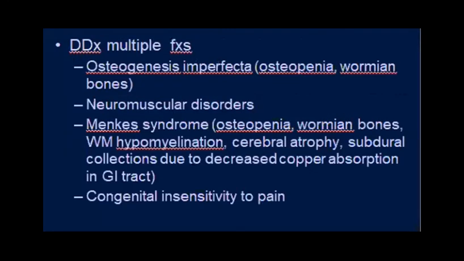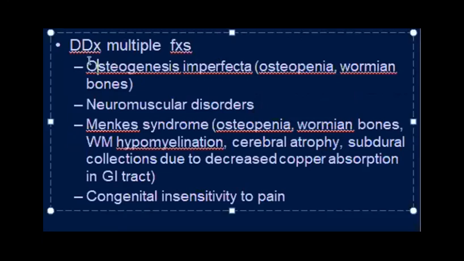When you find multiple fractures, you will think about either non-accidental injuries, but also maybe there is something congenital like osteogenesis imperfecta, right? And neuromuscular disorders, or congenital insensitivity to pain. So what will it be in this one?